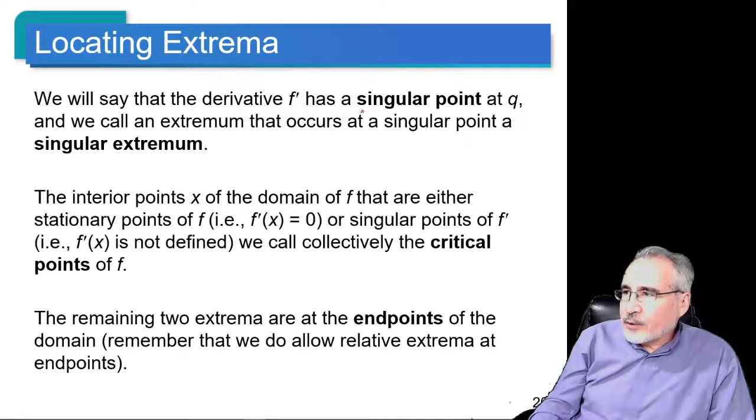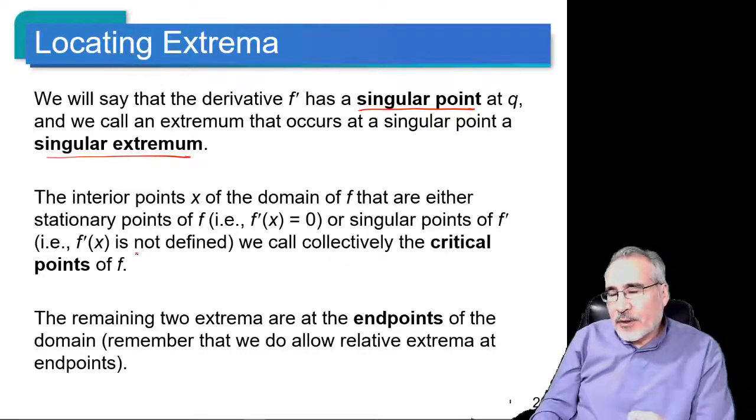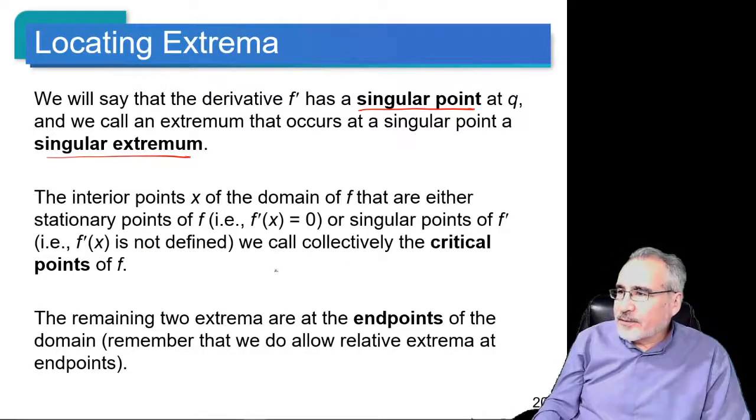We do have 2 examples of this in our homework. So there will be a singular point. You won't be able to get the derivative because the derivative doesn't exist at that singular point. But you'll have to look at the graph and you'll be able to get both the x and y values.